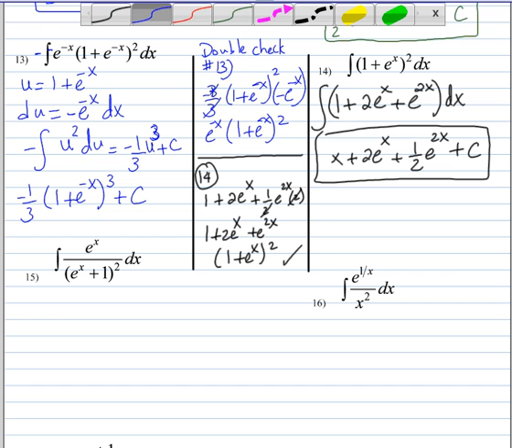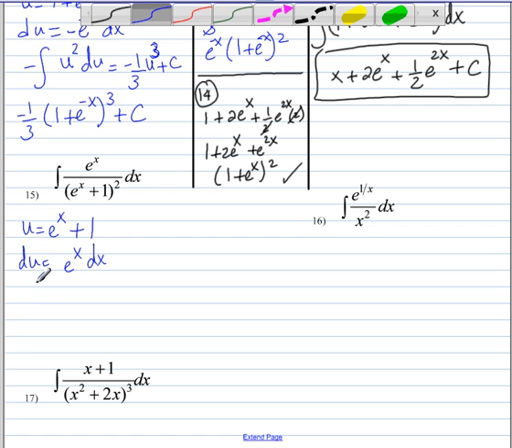So u is going to be e to the x plus 1. Du is e to the x dx. The rewrite will be the antiderivative, e to the x dx, that's du, over u squared.